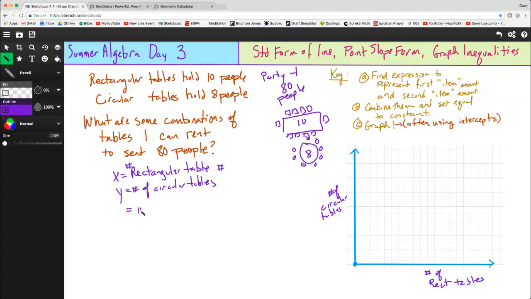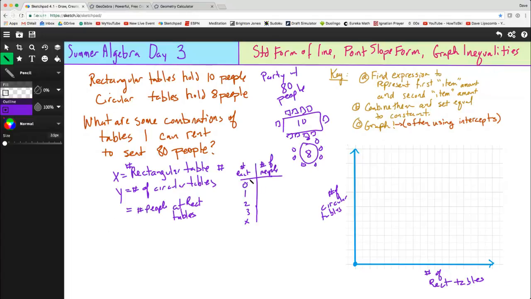All right, so how many people can I sit at a rectangular table? Well, if we can't figure out the formula, let's just draw our graph. Let's see, number of rectangular tables: 0, 1, 2, 3, and then the number of people at rectangular tables.